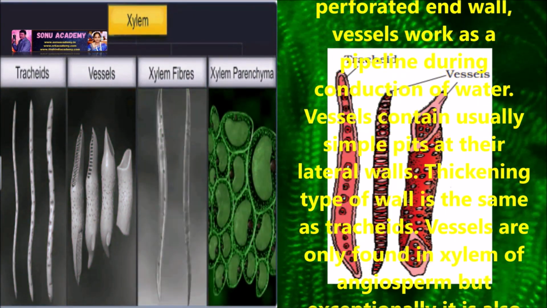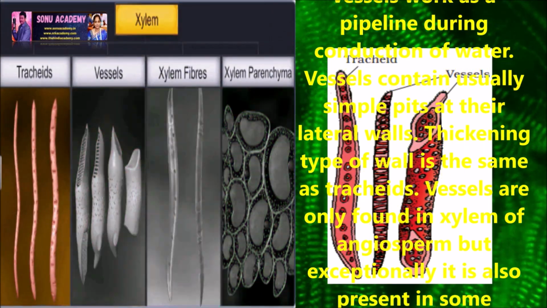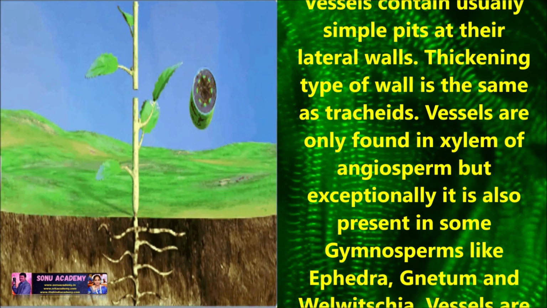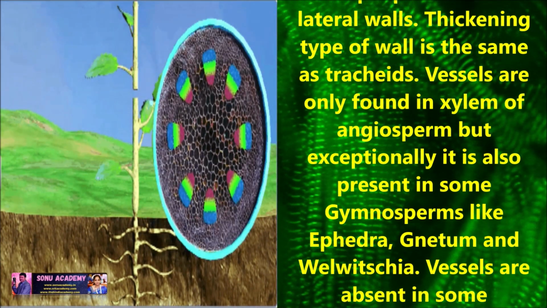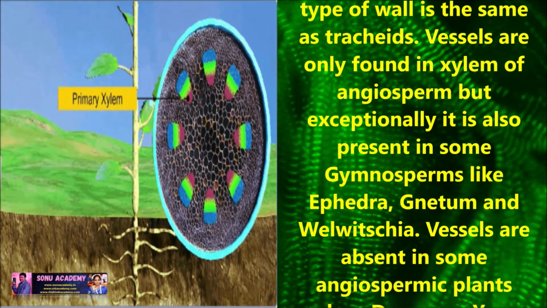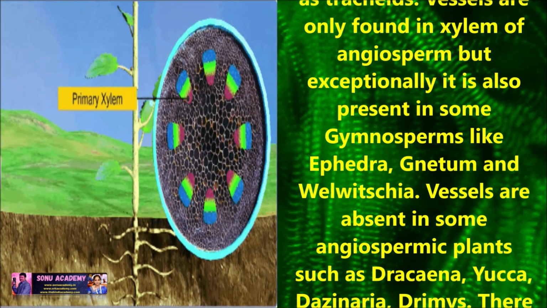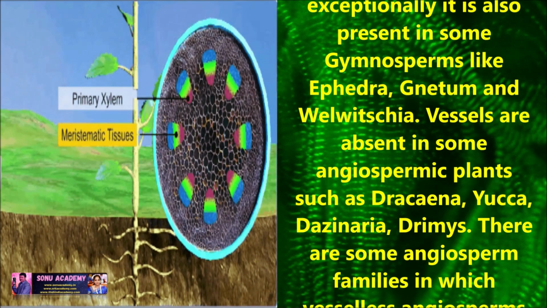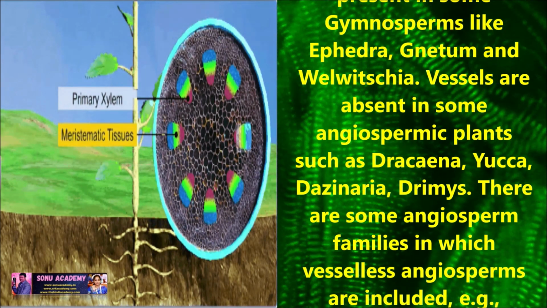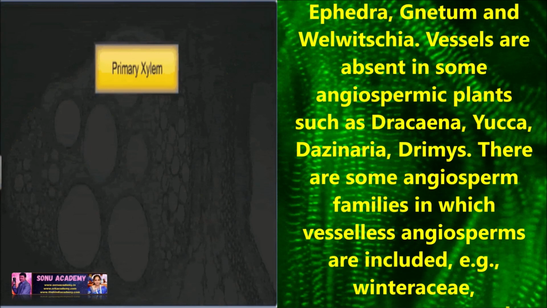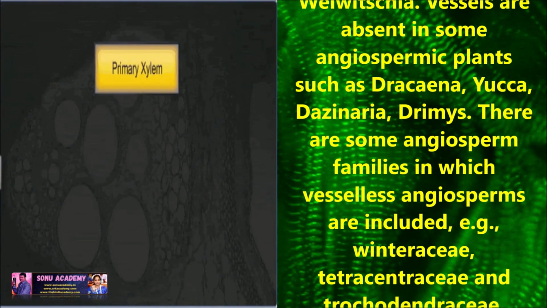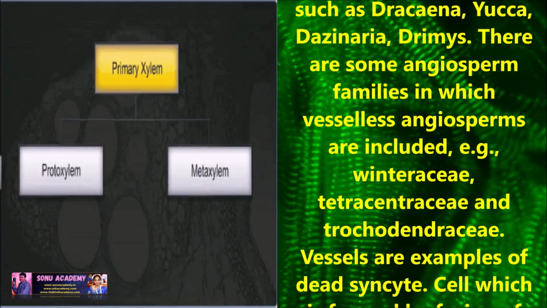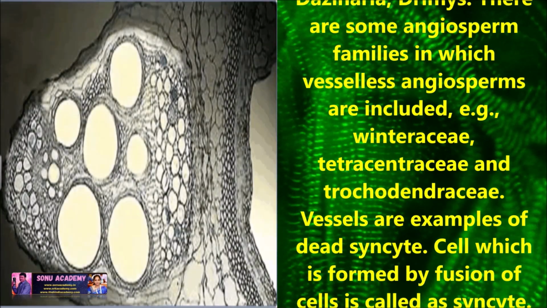Vessels are found only in the xylem of angiosperms, but exceptionally they are also present in some gymnosperms like Ephedra, Gnetum, Welwitschia, etc. Vessels are absent in some angiospermic plants such as Drimys, Trochodendron, Tetracentron, etc. These are some angiosperm families in which vessel-less angiosperms are included.